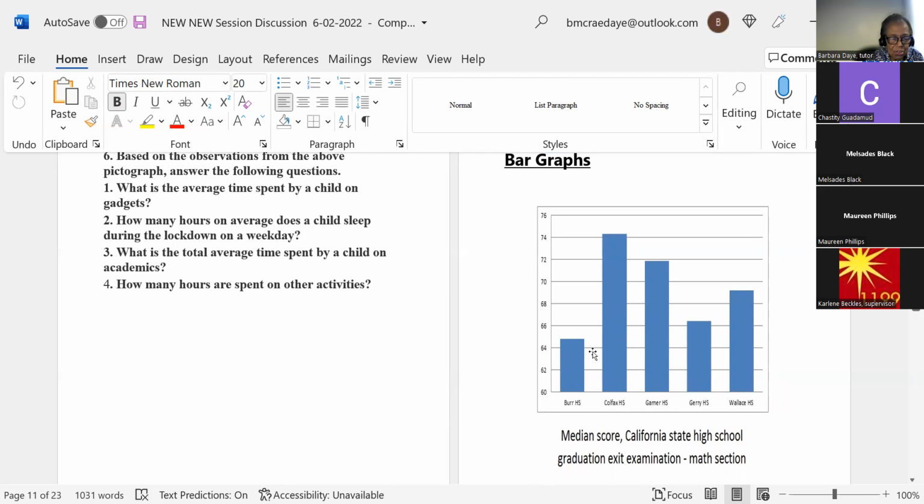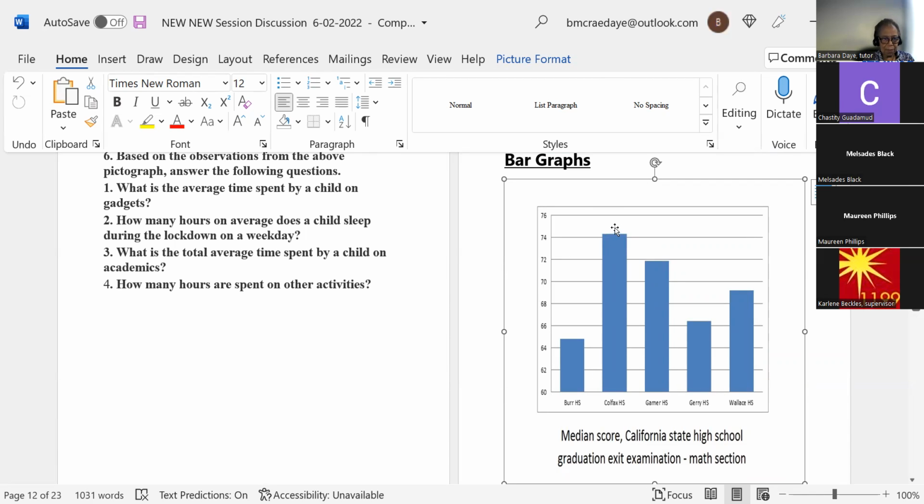It's the second one. I've just got the cursor on it. Can you see this number here? That's 74. Now at the top of this bar, what would that be? A little above 74.